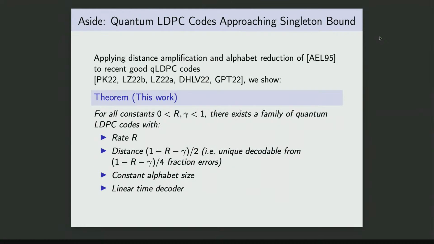It gives us, for any rate r, quantum LDPC codes with distance at the Singleton bound, so 1 minus r minus gamma over 2. But of course, that means unique decodable from only a 1 minus r minus gamma over 4 fraction of errors. And with some large constant alphabet size, these even have linear time decoders. So that's just a nice side benefit we get immediately from this AEL technique.